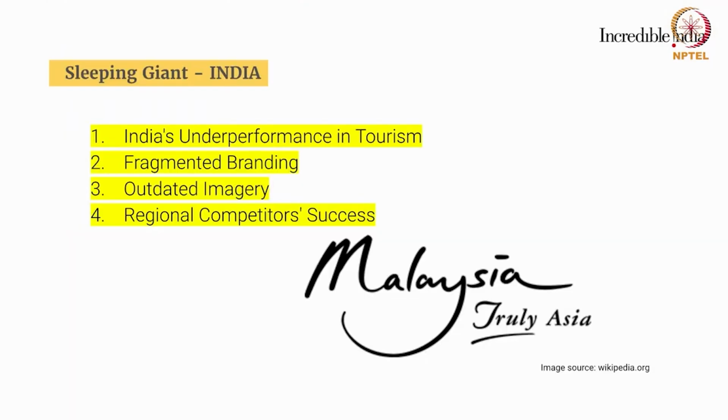Another factor was that while India was trying to project itself in bits and pieces, regional competitors were succeeding. East Asian destinations like Malaysia came out with the branding strategy of Truly Asia. That campaign, launched in 1999, successfully built an emotionally appealing tourism brand, leading to significant growth in tourist arrivals.